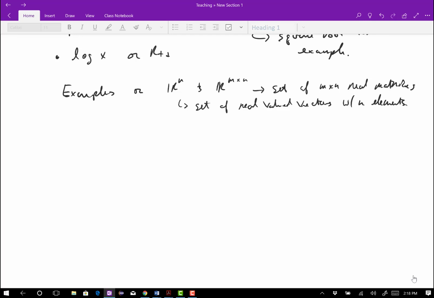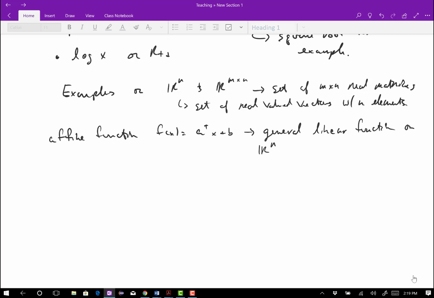So from Rn, an affine function in this case would look like f of x equal to a transpose x plus b. And this, again, is a general linear function on Rn, and it's both convex and concave.